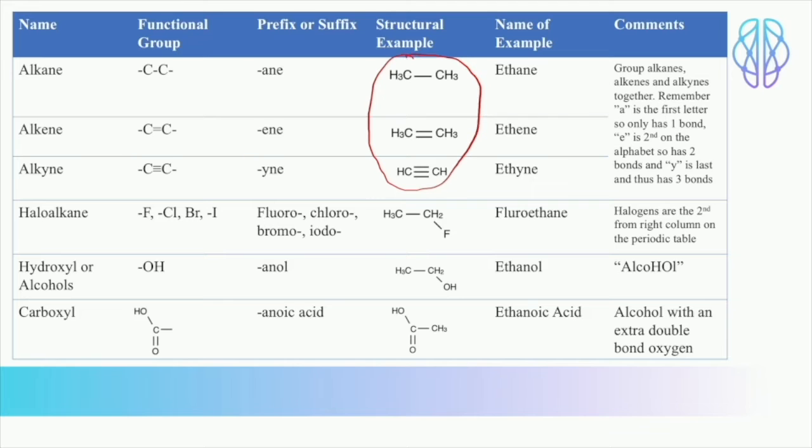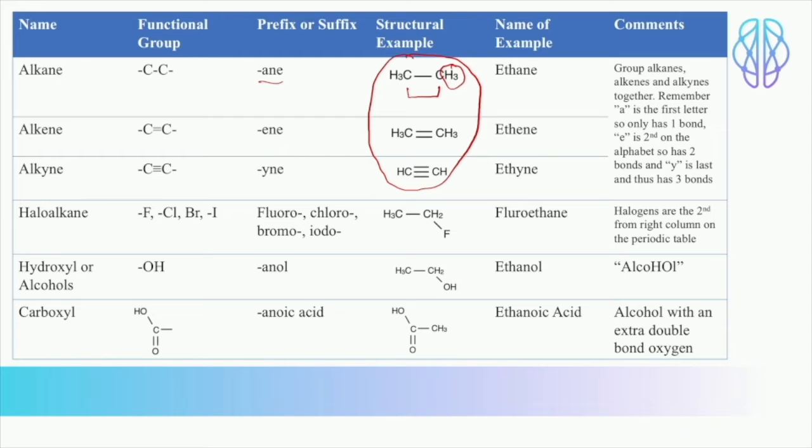There's ethane, which kind of makes sense because you have the carbons connected with a single bond, and there's hydrogens attached to the carbons. A carbon with only one would be meth, a carbon with two would be eth, and then since it's an alkane, we add the suffix ane, so it's ethane.